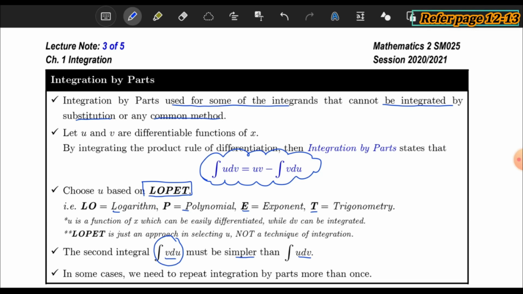And in some cases, we need to repeat integration by parts more than once. So now you need to remember this formula: integrate u dv equal to uv minus integrate v du. This is the formula for integration by parts.